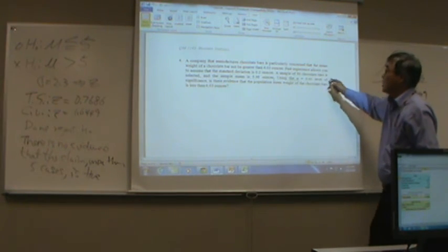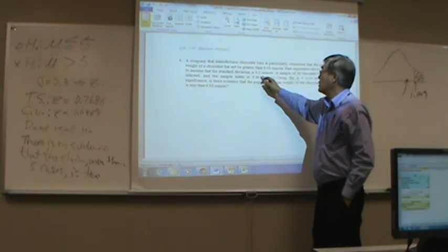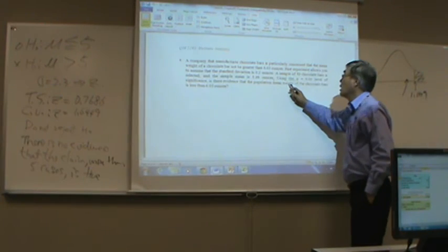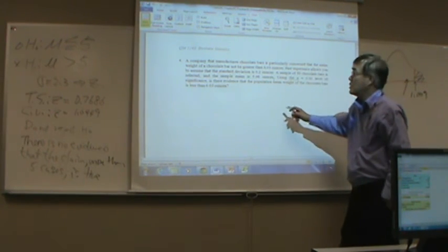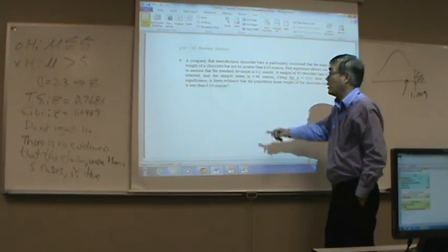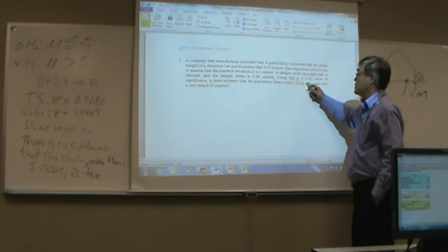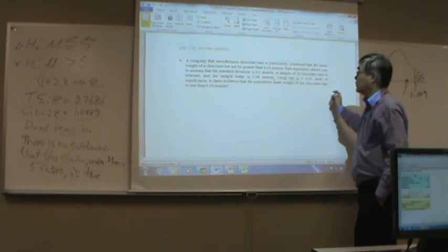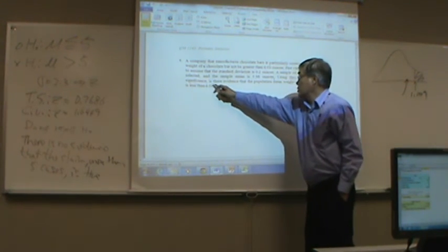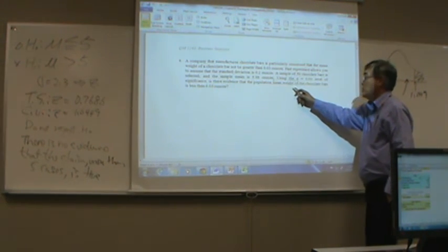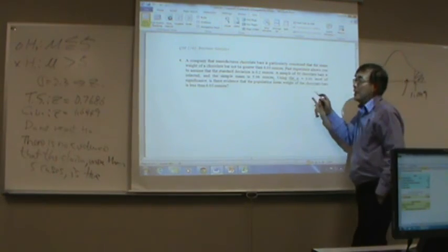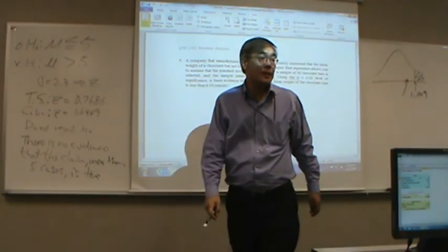Past experience allowed you to assume that the standard deviation is 0.2 ounces. A sample of 50 chocolate bars is selected and the sample mean is 5.98 ounces. Using the alpha equals 0.01 level of significance, is there evidence that population mean weight of the chocolate bar is less than 6.03?